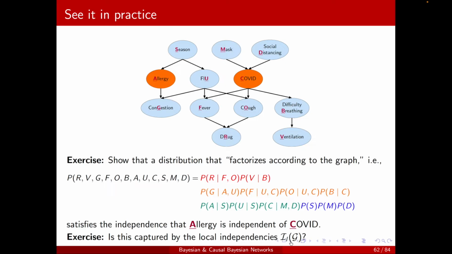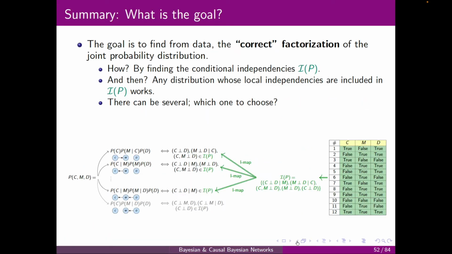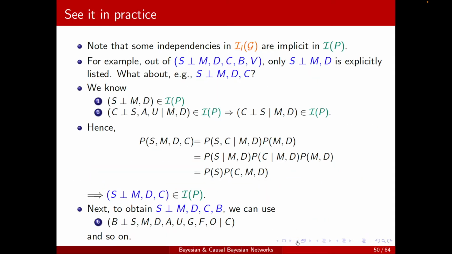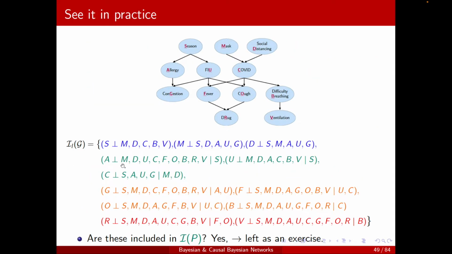And the answer is no, because if we go back to the slide where we discussed these local independencies, we saw that A, the allergy, is independent of other variables, conditioned on S, and C, COVID, is independent of other variables, conditioned on M and D. So we don't have any direct independence of A and C without being conditioned on anything.